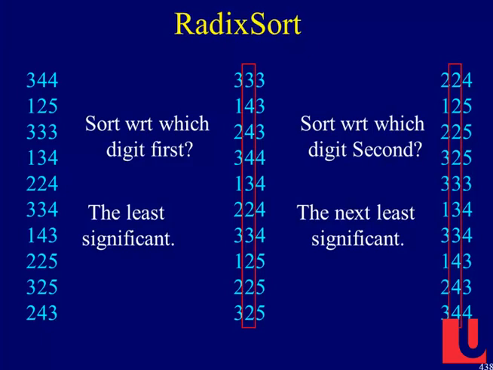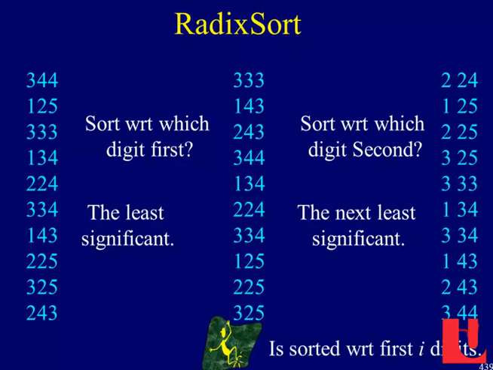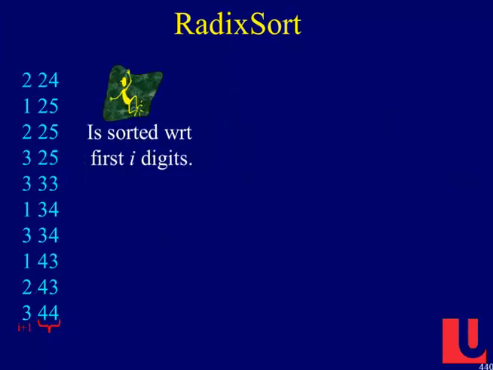Now what we want to prove is that we can maintain that. That's our loop invariant, that they're sorted with respect to the first i digits. We're at the top of the loop. We know they're sorted with respect to the first i digits. And then what's our action? Our action is to sort them with respect to the i plus first digit. And what do we want in the end?